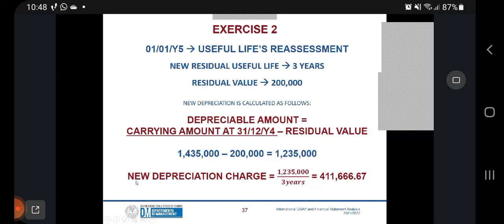And then the new depreciation charge will be the depreciable amount out of the new residual useful life, 3 years. The value of the depreciation for the current year is this variable number. Is it clear?